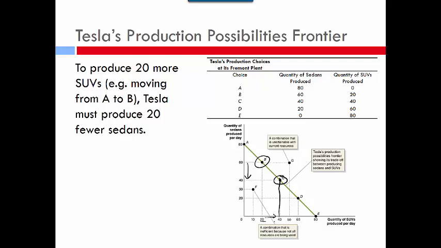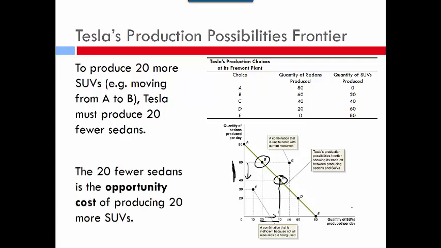In order to gain 20 SUVs, they would have to give up 20 sedans. That's the opportunity cost. So the opportunity cost of producing 20 more SUVs is 20 fewer sedans. In order to get this 20 increase here, they had to give up 20 sedans.